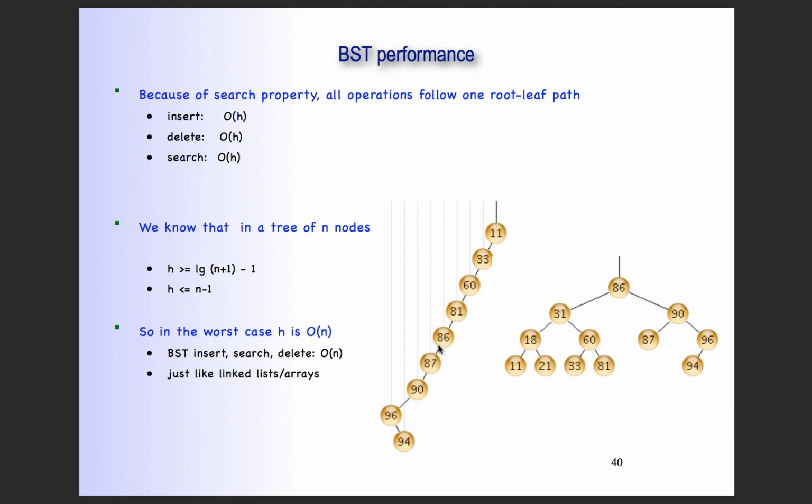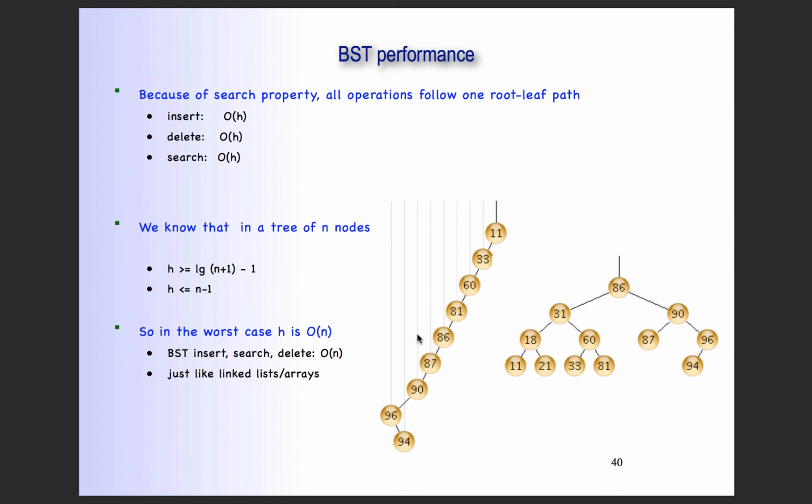If our tree is like that, then the height is about the number of nodes, n. So big O(h) equals big O(n). There is 1, 2, 3, 4, 5, 6, 7, 8, 9, so there is n. The height and the number of nodes are similar.